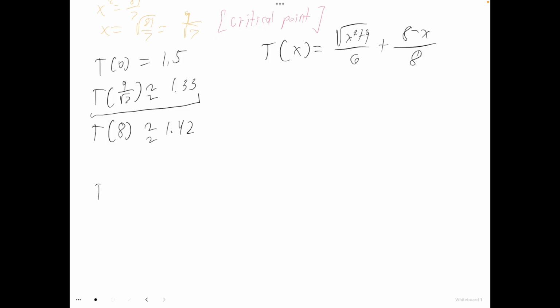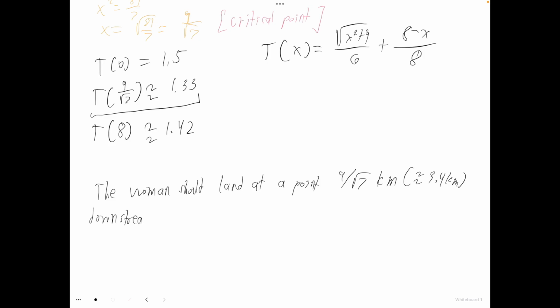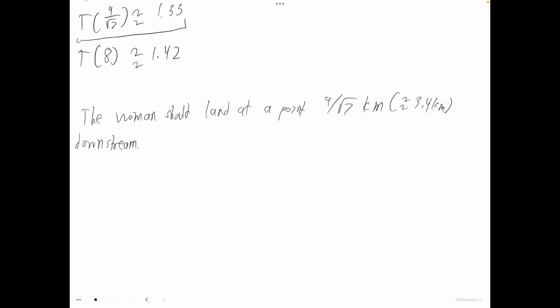And so the woman should land at a point 9 divided by the square root of 7 kilometers, which is about 3.4 kilometers downstream. Okay, so that is how far downstream she should go.